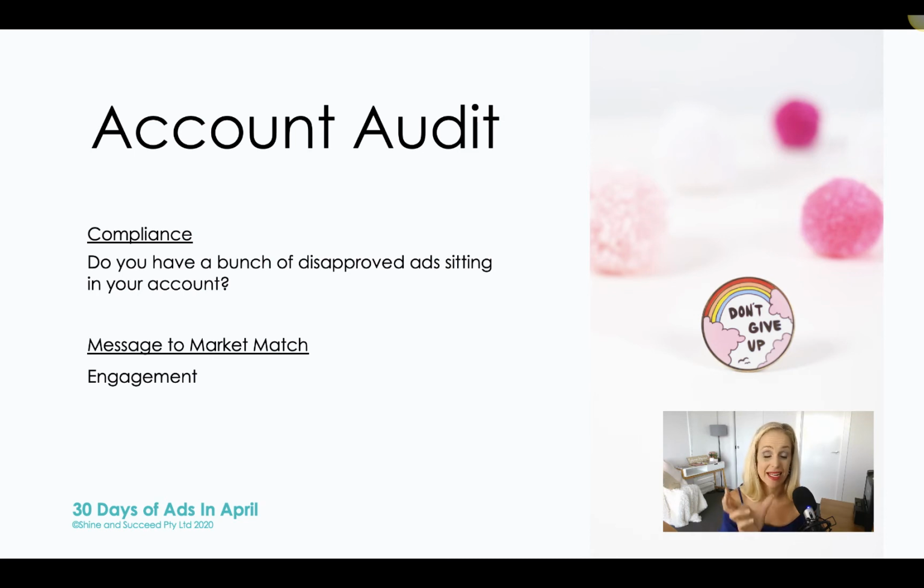Facebook doesn't like that. They kept doing that, and so their account got penalized and they kept getting disapprovals. Once you're in this sort of disapproval rhythm with Facebook and you have a low account standing, it's kind of like you get stuck in this bad mojo. So you want to get out of that.